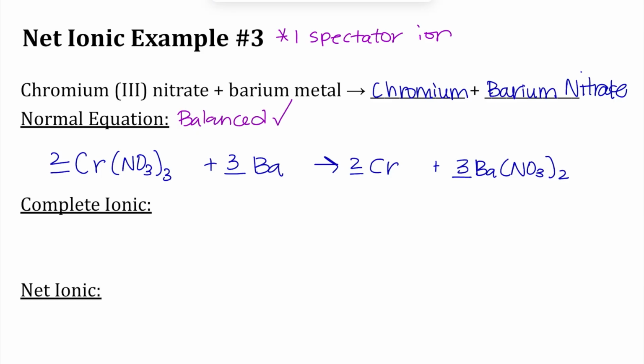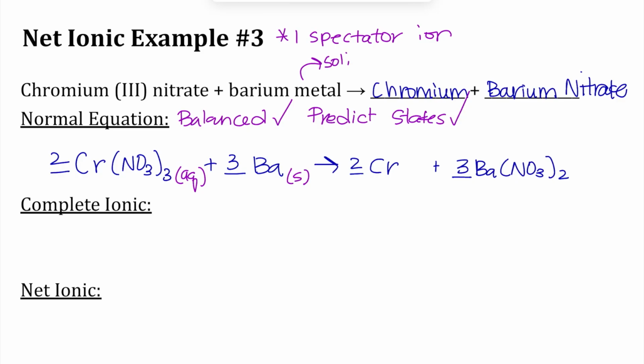Now, using my solubility rules, I need to predict the states of matter. My nitrates, chromium nitrate is soluble, so that will be aqueous. Barium metal is not on your list, but any metal is going to be a solid in its elemental state.